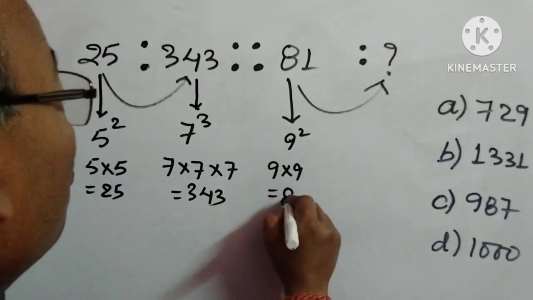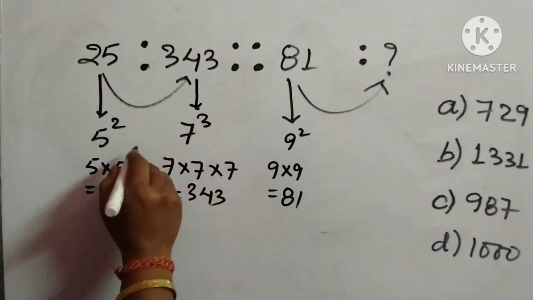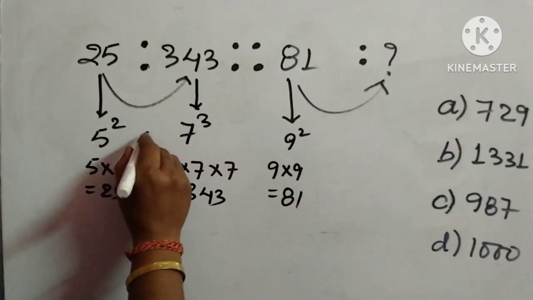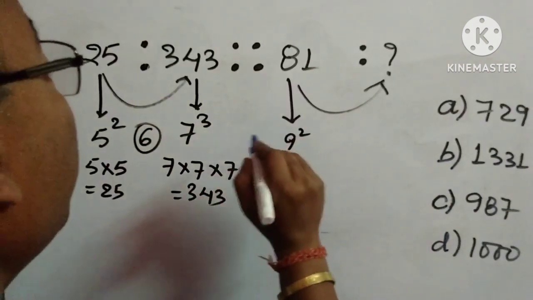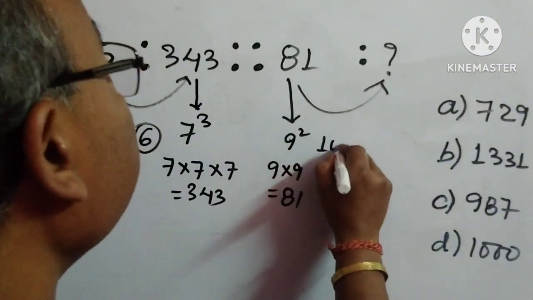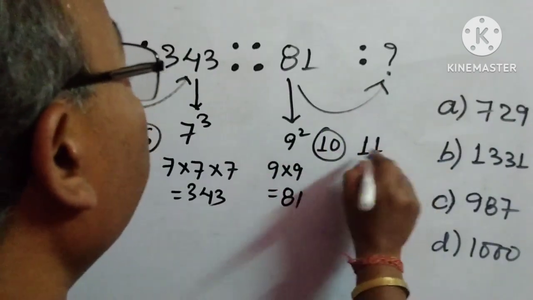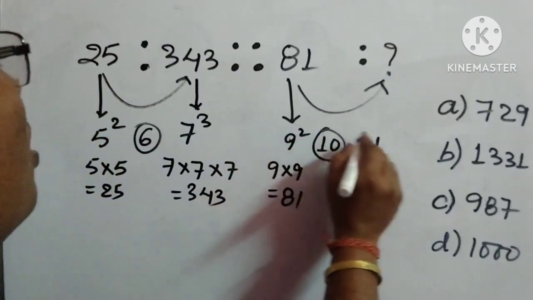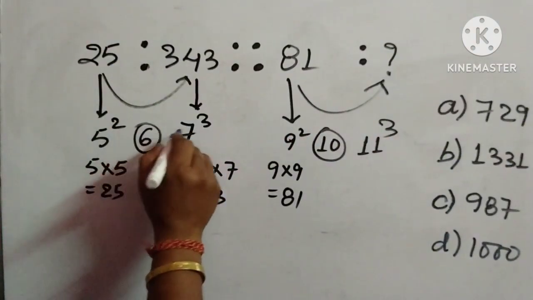So, what is the pattern? 5 square, 7 cube. So they have skipped what? 6. So this is 9. So we have next number is 10. So we have to skip 10. And what is the number after that? 11. So 11, it should be 11 cube, because the next number after 6 is 7.